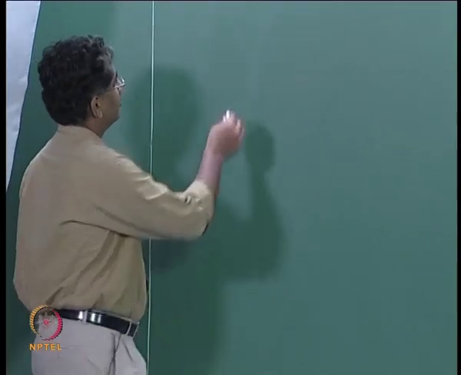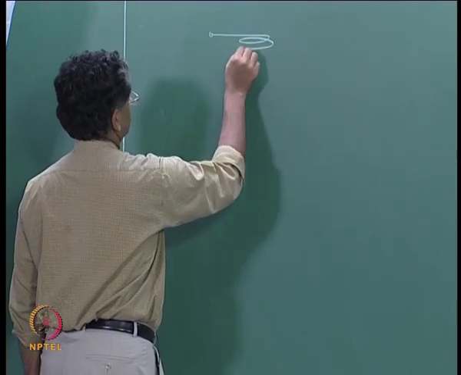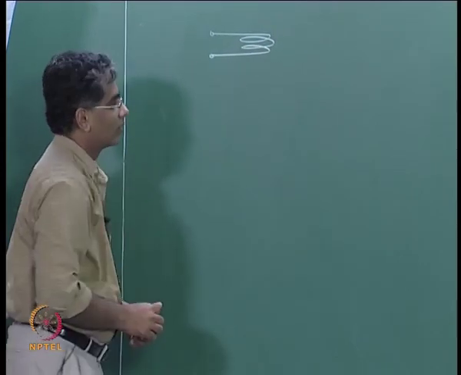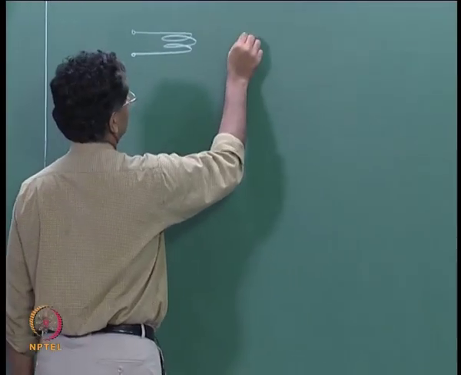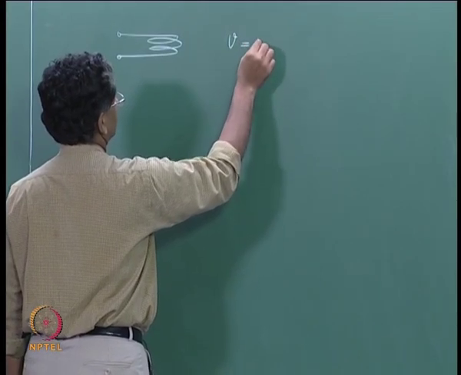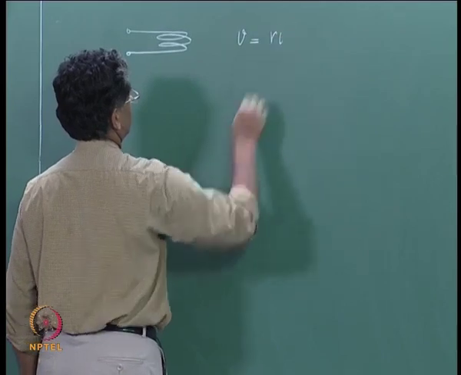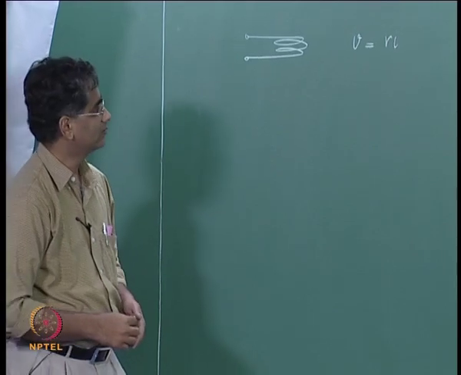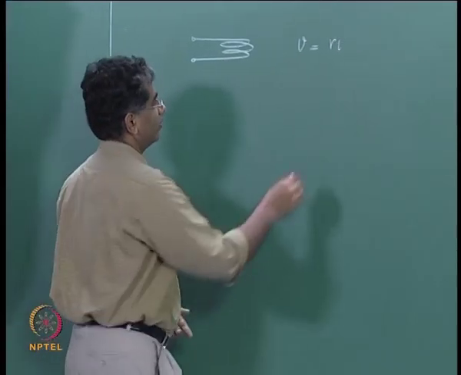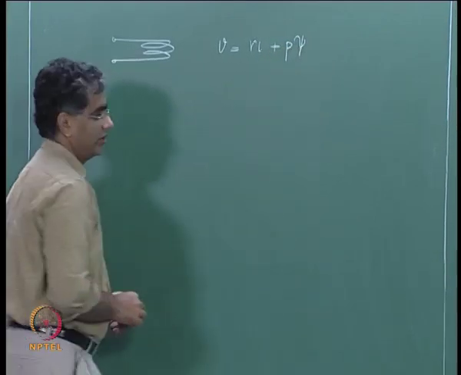We started out by looking at the model for a simple wire loop, and we found that if this is excited by DC, we can write a simple equation V equals R into I. However, if it is excited by AC, we need to add another term P times psi.